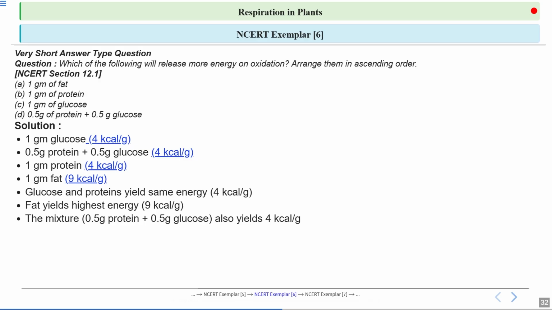And the mixture also yields 4 kilocalories per gram. Therefore, the ascending order will be C, D, B and then A. So C, D and B have approximately the same energy released upon oxidation, and A has the highest energy release upon oxidation.